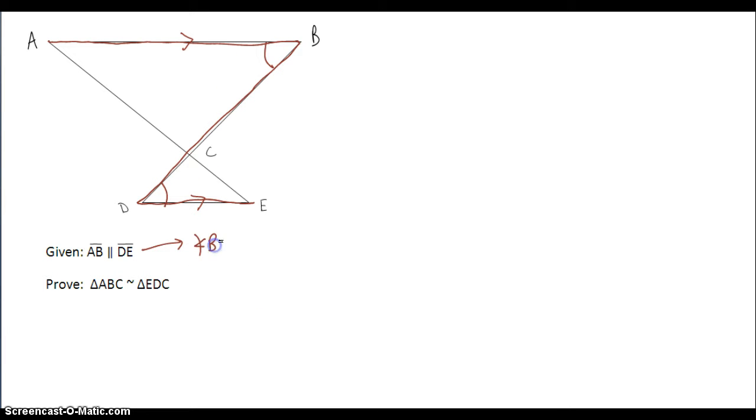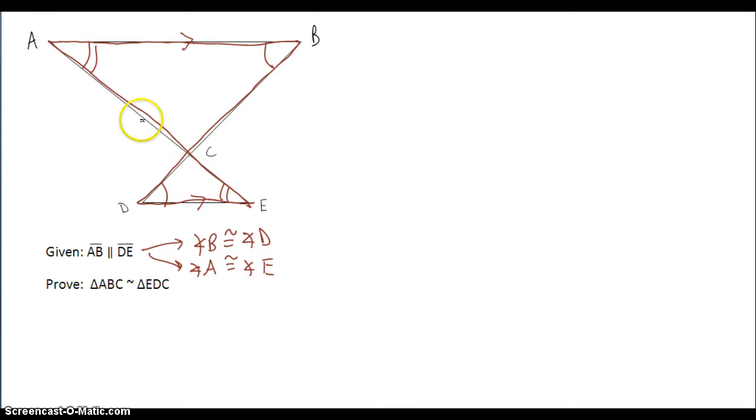Angle B will be congruent to angle D since my lines are parallel. I can also trace out transversal AE, and I can see that angle A and angle E are congruent because they're alternate interior angles between parallel lines.